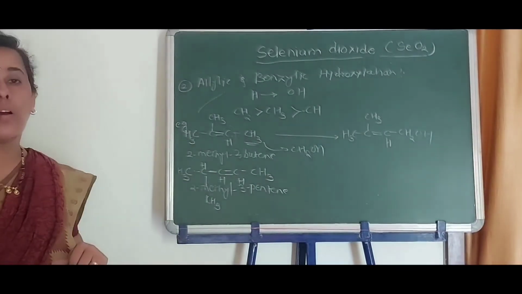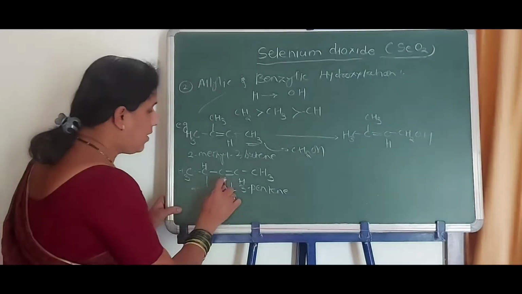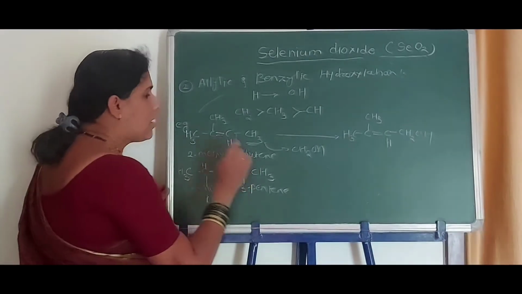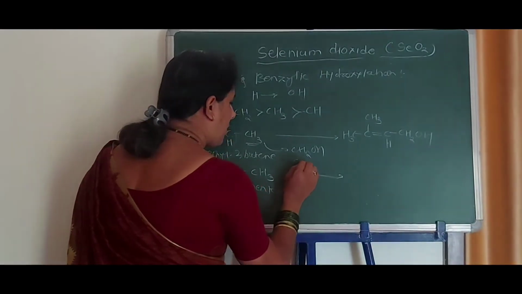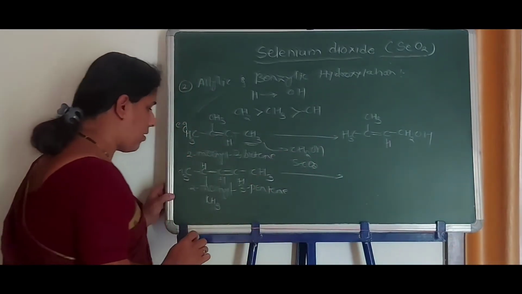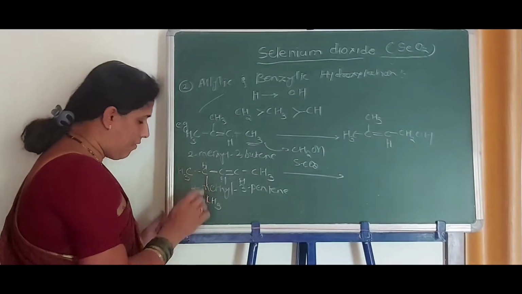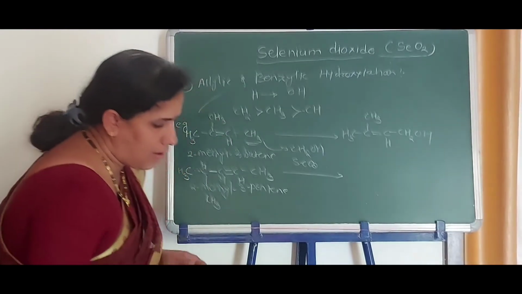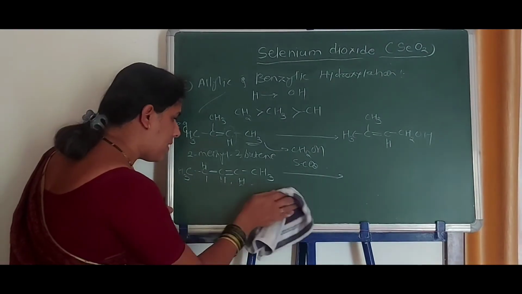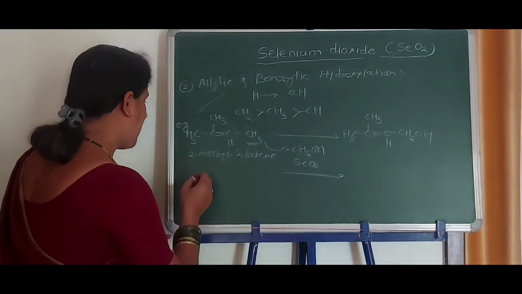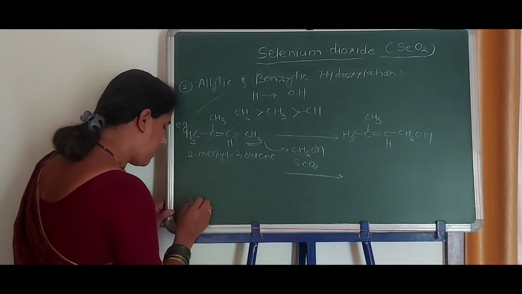Now what happens here? In this structure, the product of this selenium dioxide is as follows, that is 2-methyl. Just if we are taking the 3-methyl, what happens here? 3-methyl 2-pentene. What is the structure?